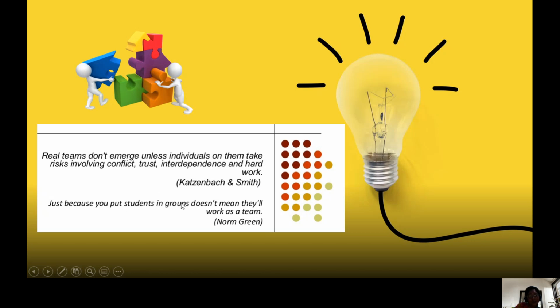Just because you put students in groups doesn't mean they'll work as a team. Yes, really. So we should be careful of that, and we should distribute the teams heterogeneously among the groups, with different intelligences, so that each member can contribute to their group.